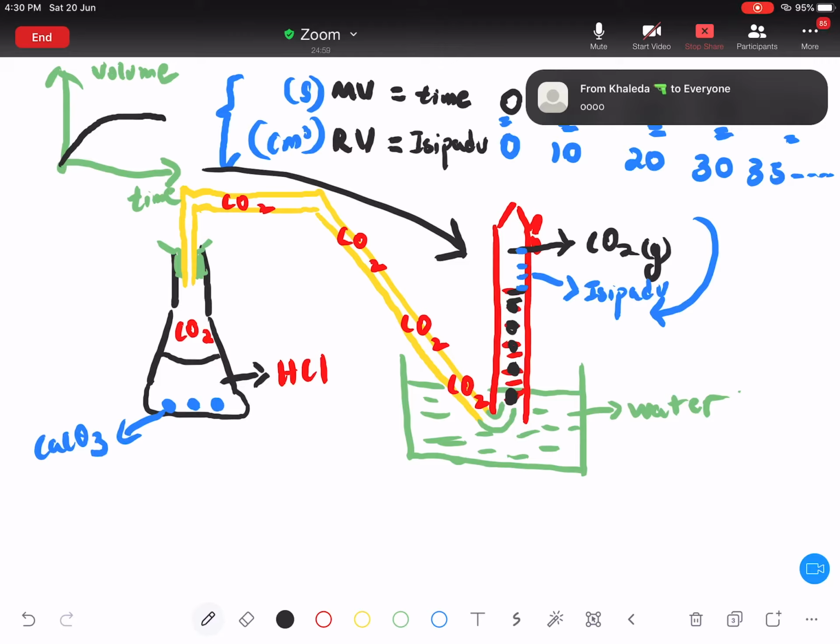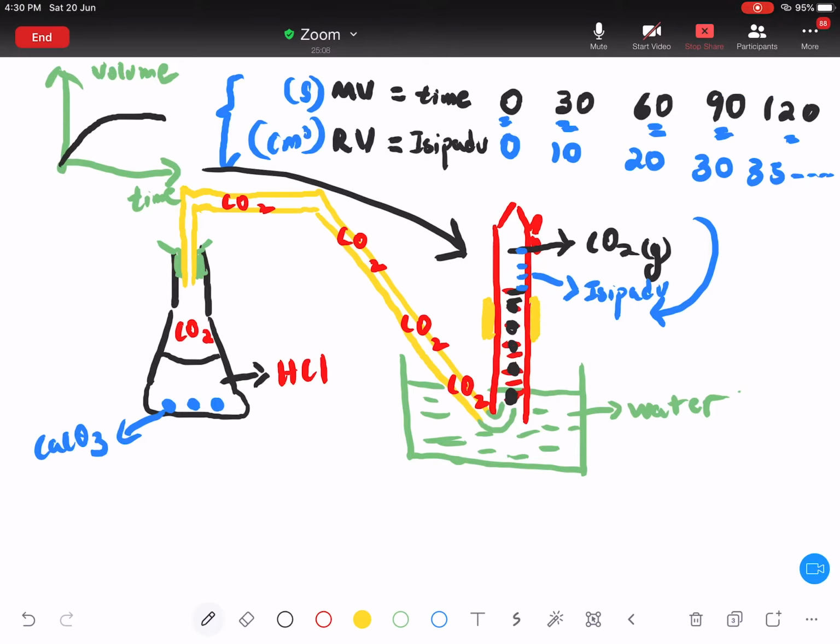Of course, in this experiment, the burette will not stand by itself. You put a retort stand to hold this. You hold this firmly and you get something like this. Okay, who wants to copy? Hurry up. I give you some time.